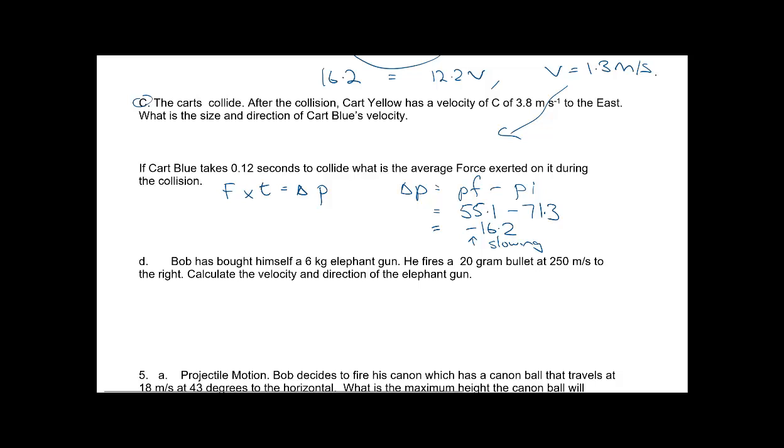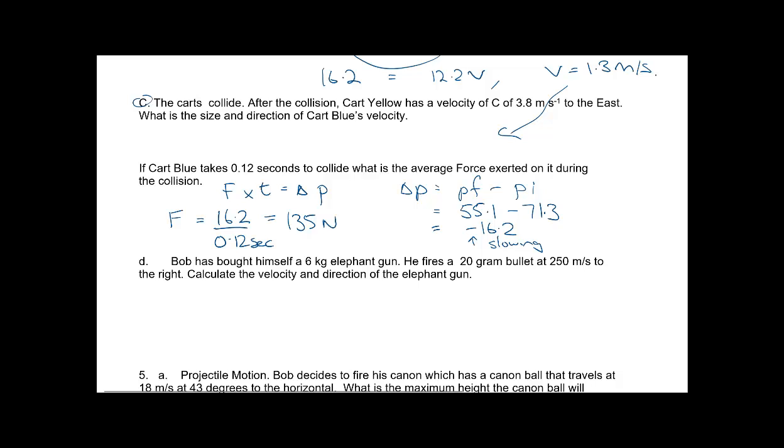So if we put that in there, force is going to equal your change in momentum, which is 16.2, divided by your time, which is 0.12 seconds, and that's going to equal 135, I think. I'll just check that.